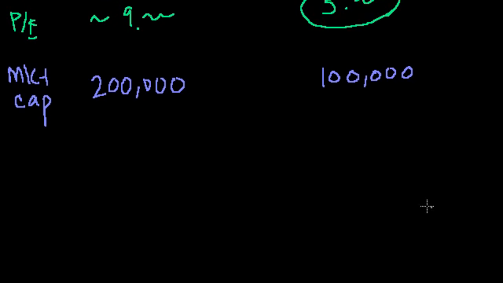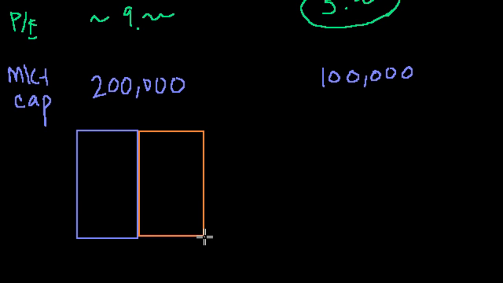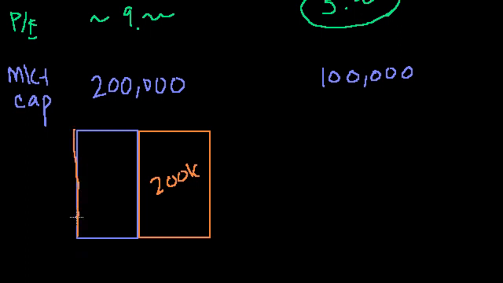Now, remember, the market cap is just what's left over. So let me redraw those two diagrams. For this entrepreneur, you have the assets and there's no debt. So the assets are completely represented by the equity. So if the market cap is $200,000, you're essentially saying that these operating assets are worth $200,000.